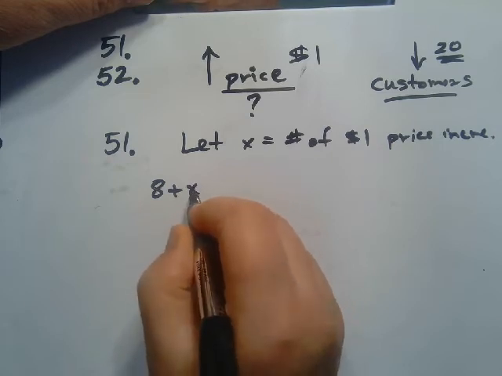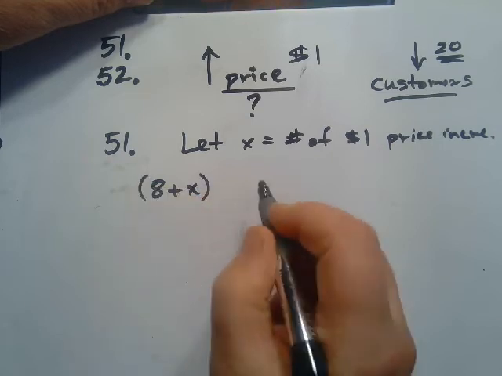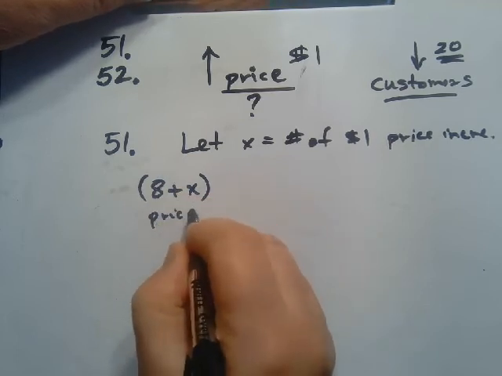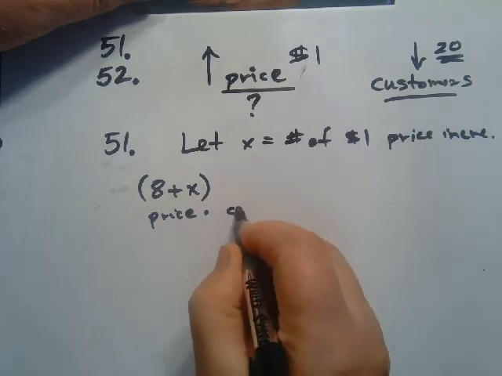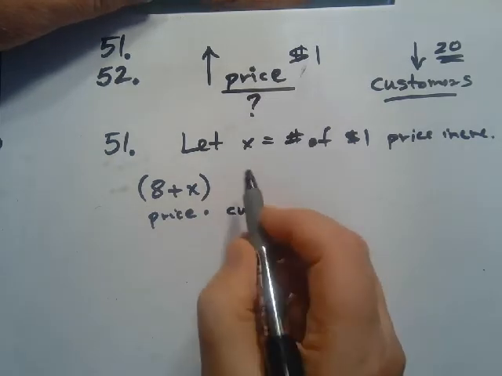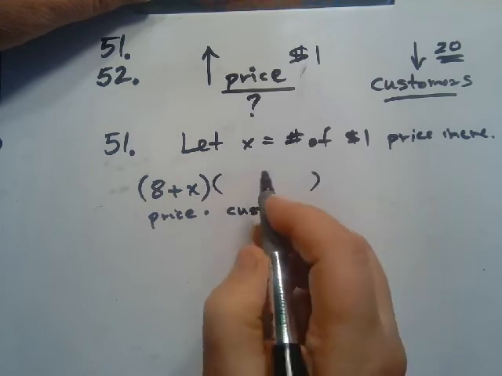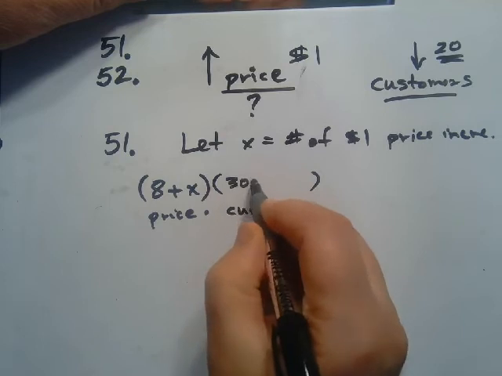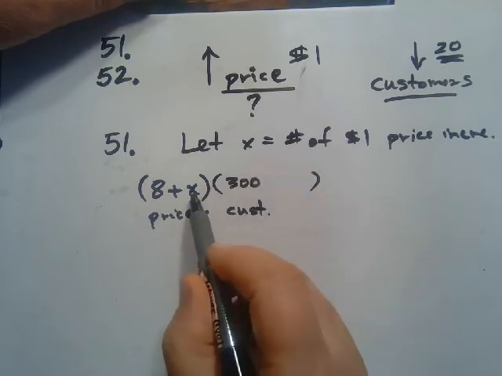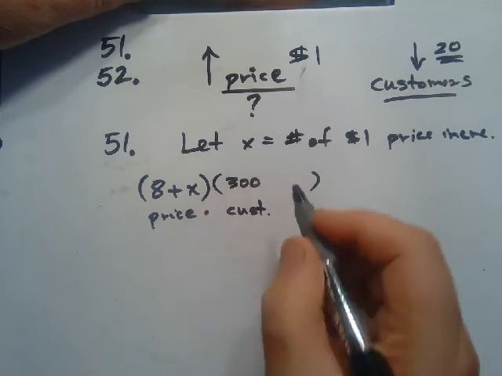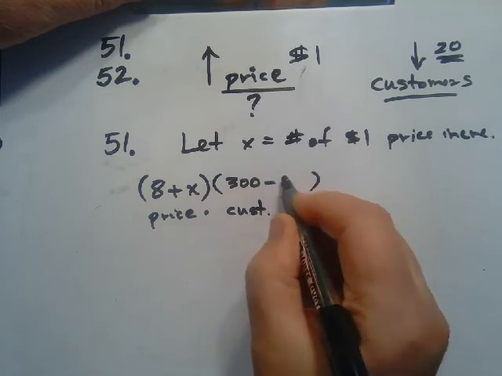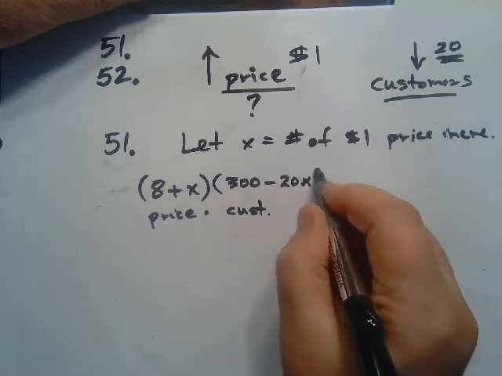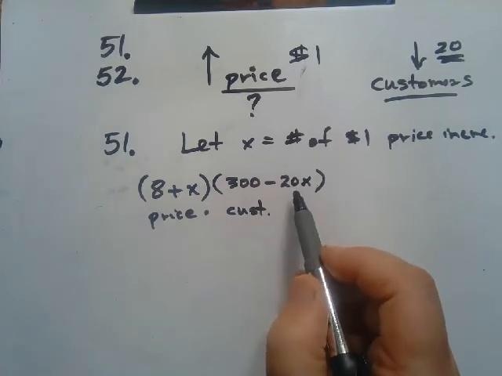One price increase would be here, and this is his price, and if he multiplies his price times the number of customers, that'll give him how much money he makes. Well, he started out with 300 customers, and every price increase he makes, he loses 20 customers. So minus 20 customers for every price increase.